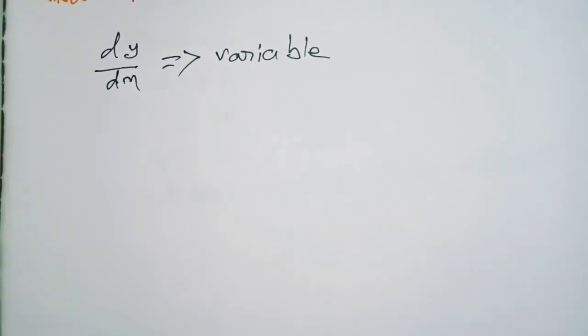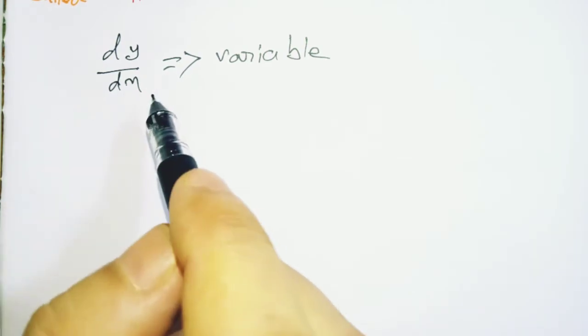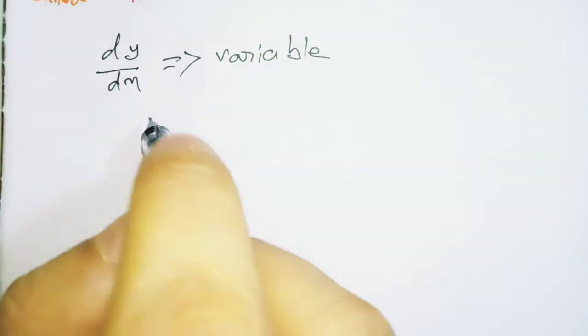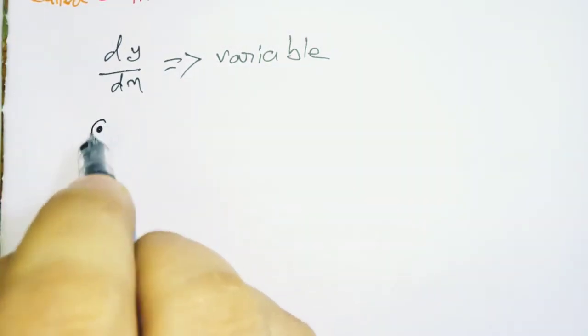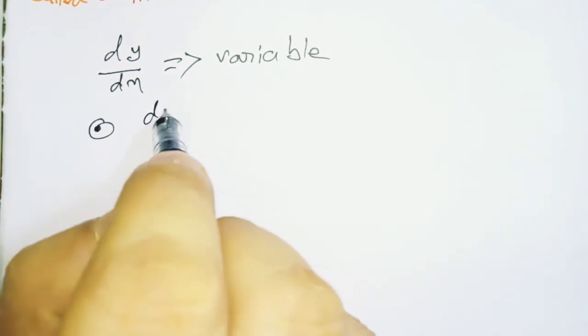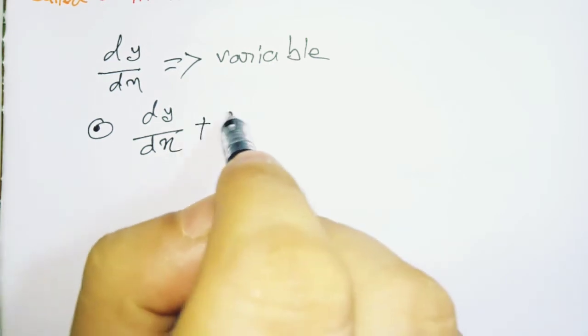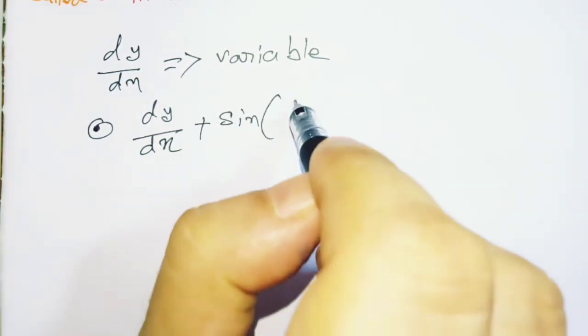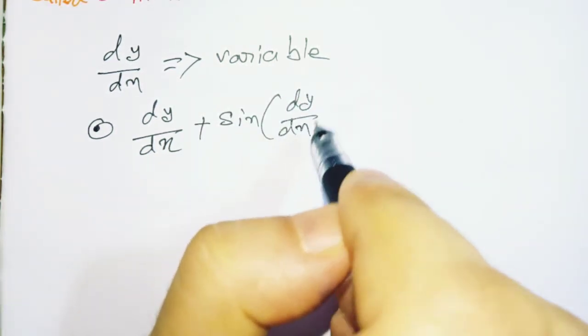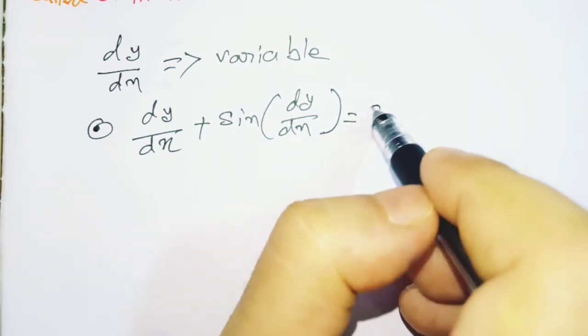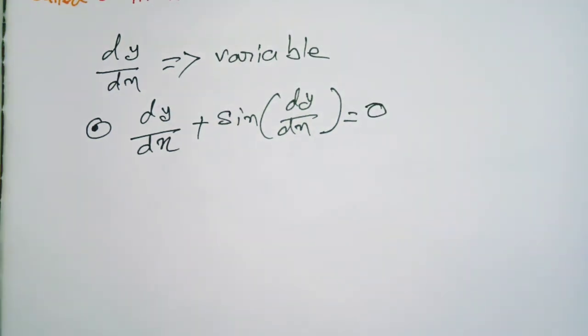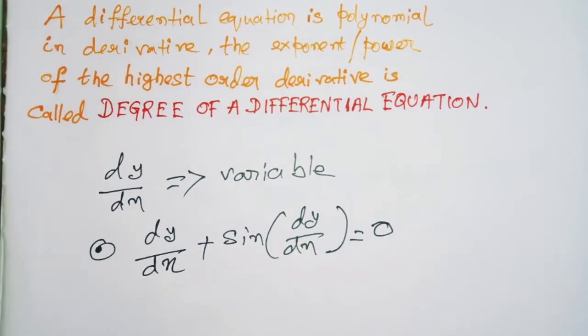Now let me give you an example. For dy by dx, I can plug in square, plus, minus, anything. For the first instance, dy by dx plus sine of dy by dx equals 0.